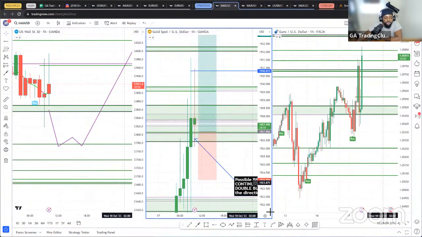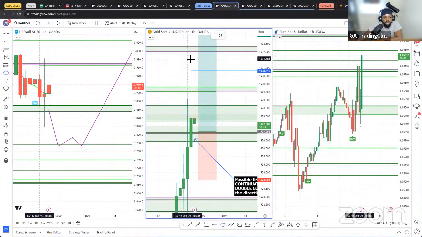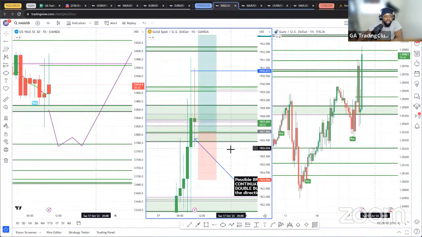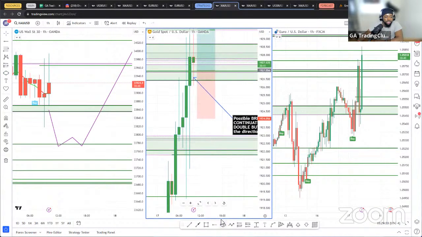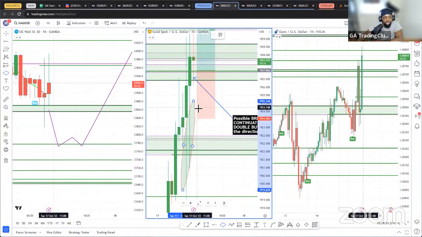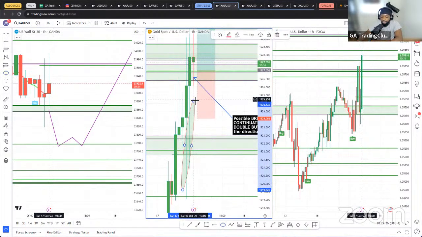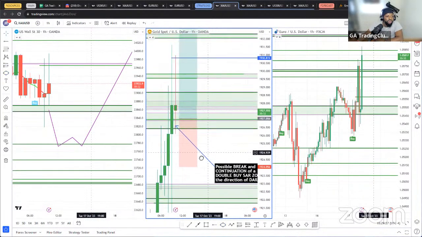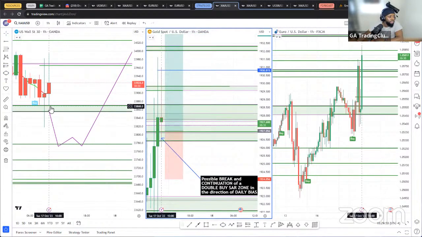But let's look at what gold is telling us. When we look at these wicks from the top, gold is telling us we have a lot of sellers here. But also on the bottom, gold is telling us we have a lot of buyers sitting right there. But if that trade closes, I'll be taking a buy on gold.